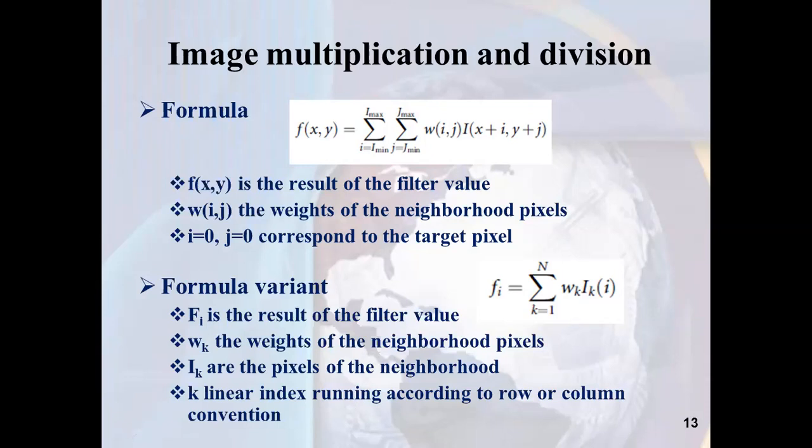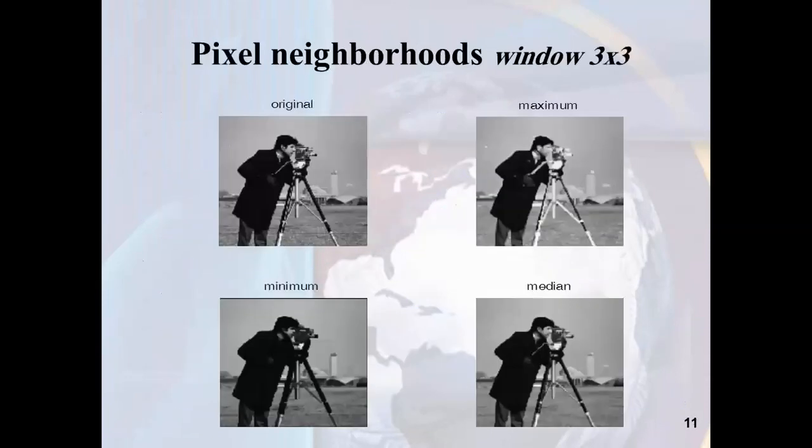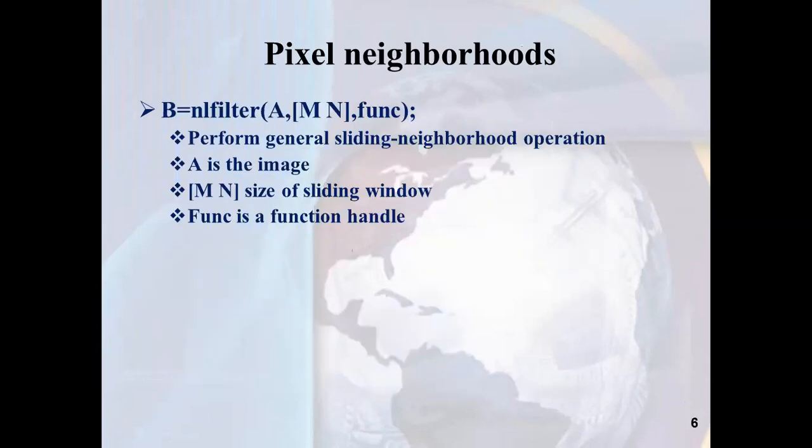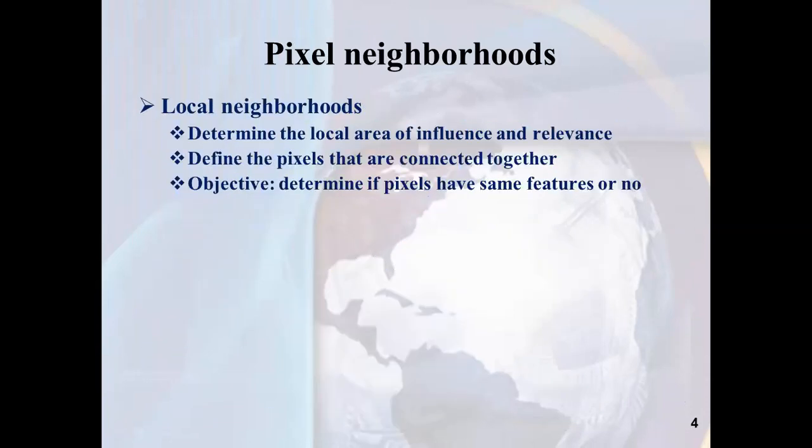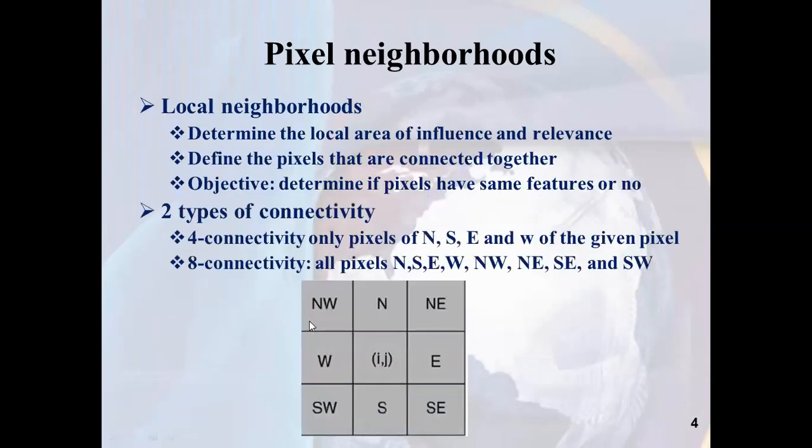So the difference between the formula above and the formula below is that rather than take this window and make a summation over i and j from minimum to maximum, we can take these 9 values as a vector of data.